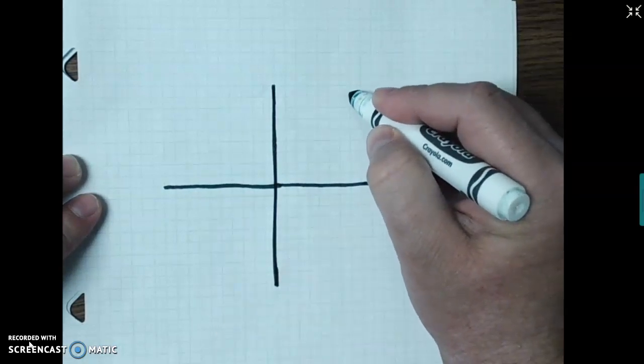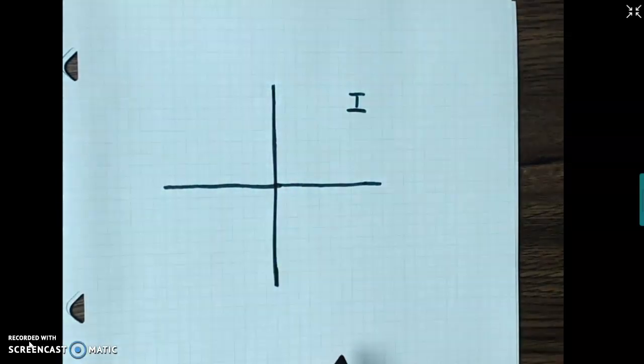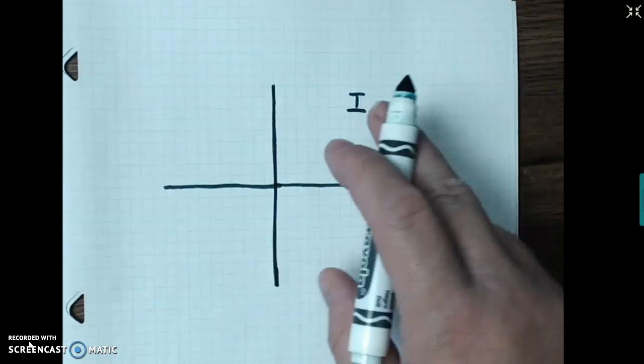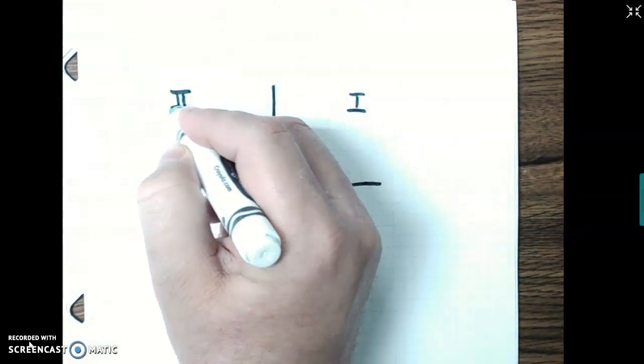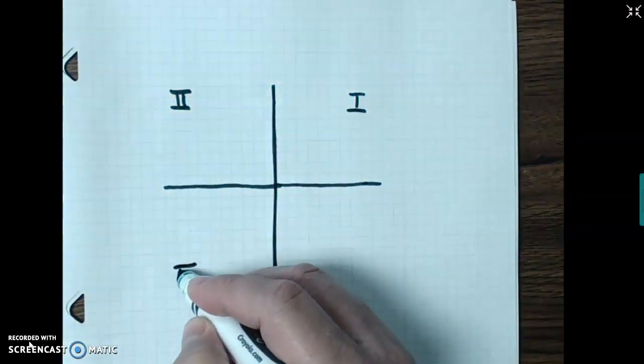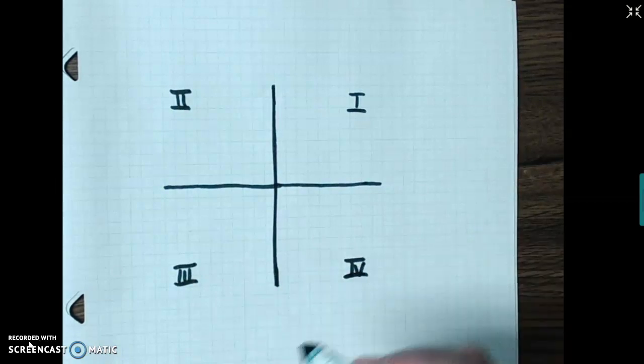So this one is quadrant 1, and in this unit, this is primarily the quadrant that you're going to be dealing with. So this is our main focus, but you also need to know how we label the rest of the quadrants as 1, 2, 3, and 4. Okay?